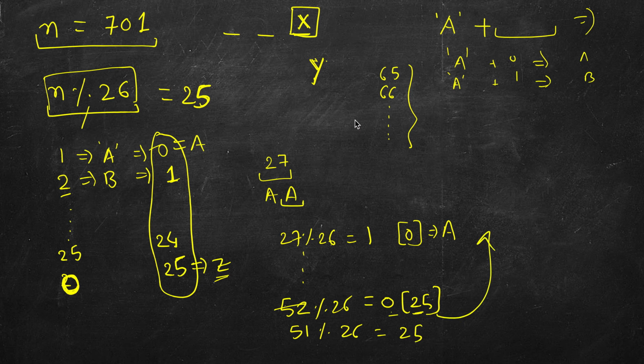So whatever n is given to us, we take n minus 1 modulo 26, and add it to the ASCII value of A, then we get the ASCII value of the resulting character at the last digit.